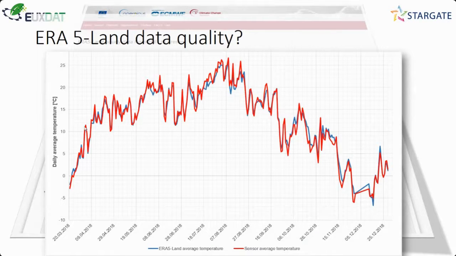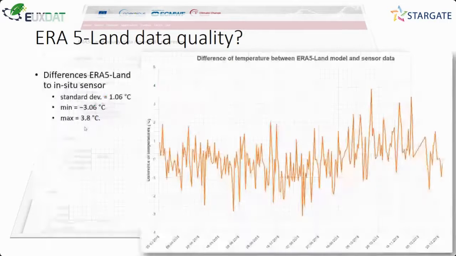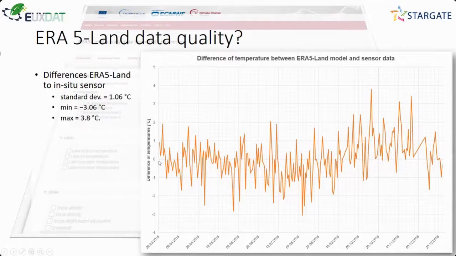It's not that visible from this graph, but from this graph it's much more visible. This is a demonstration not of the temperatures, but just the difference between the temperature from the sensor and from the climatic data service, from the global data.